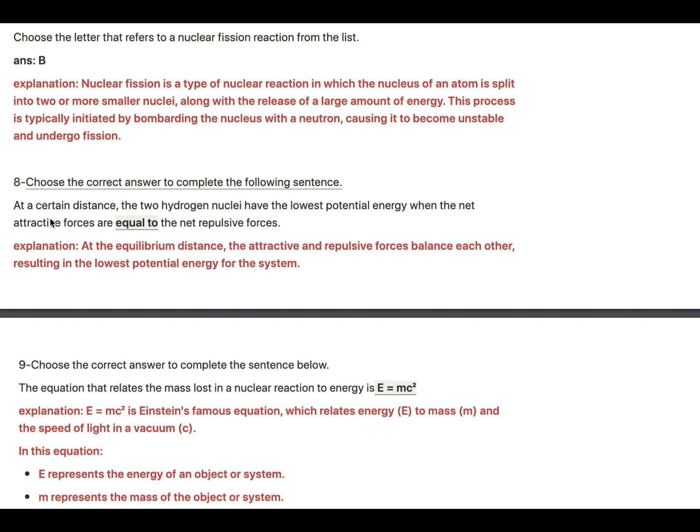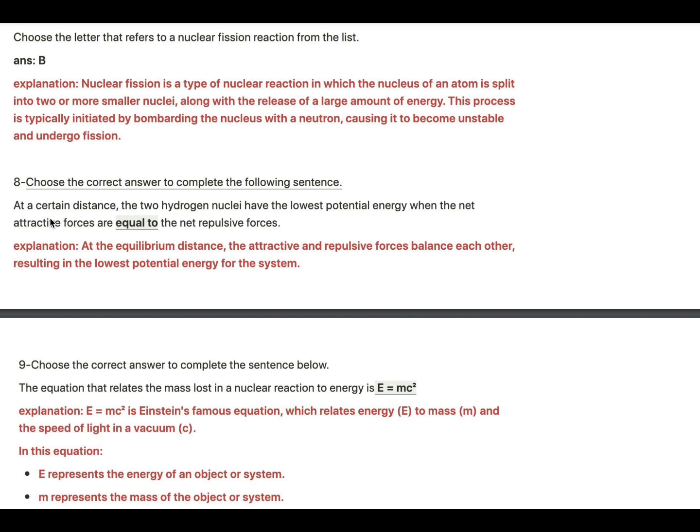So when they come closer to each other, the positive and the negative charges become repelling at a certain distance, they repel each other. But at the same time, at a certain distance, they also attract each other, because positive and negative attract, and then negative and negative repel against each other.